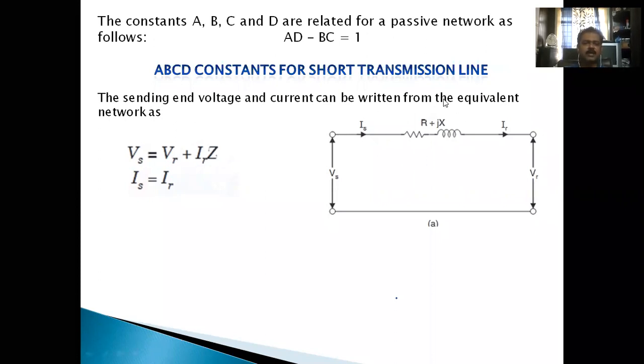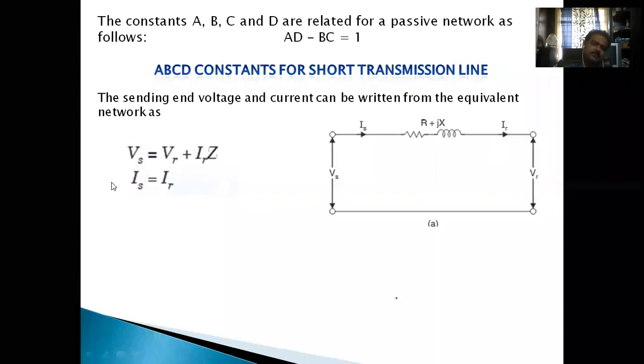Z is the total impedance of the transmission line, R plus jX. Magnitude values: Vs is equal to VR plus IR into Z. Similarly, since everything is connected in series, the sending end current is equal to the receiving end current.